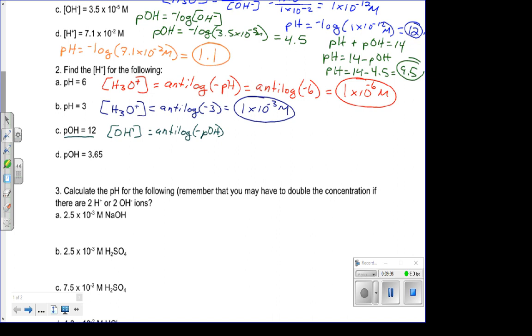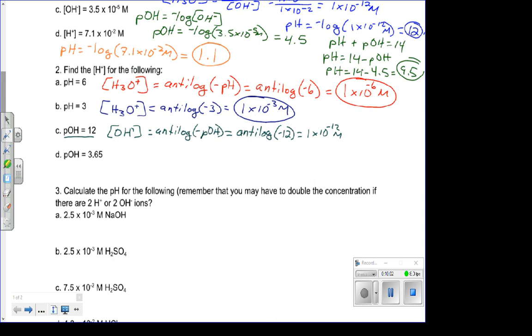Which would be the antilog of the negative pOH. So the antilog of -12 would be 1 times 10 to the -12. That gets us our hydroxide ion concentration.